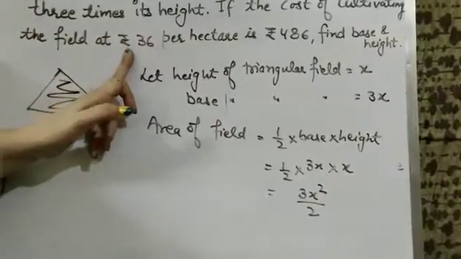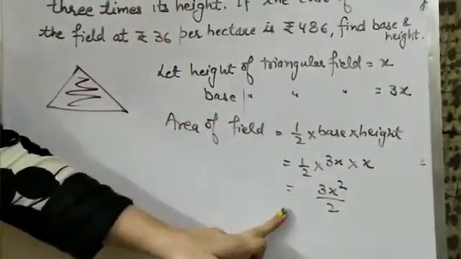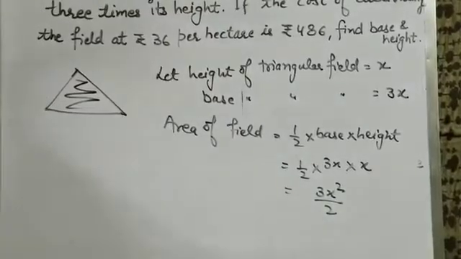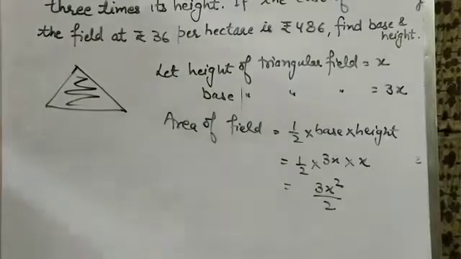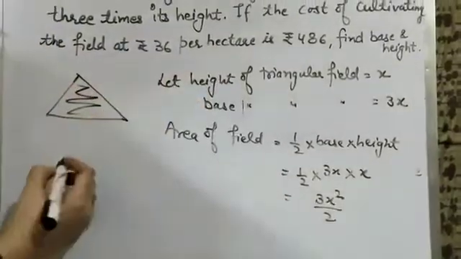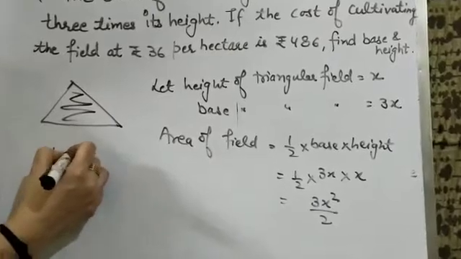The cost given to us is per hectare, so we have to convert this area, which is in square meter, into hectare. And we all know that 1 hectare is equal to 10,000 meters square. This relation is given in this question.